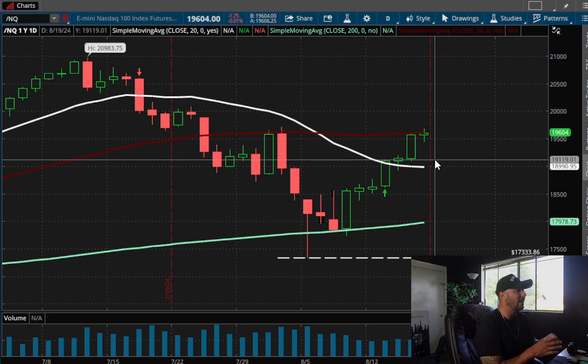Same thing, if the market gaps over the 50-day moving average, I would be more hesitant to go with those longs right out of the gate, because I don't want to get trapped. I'm going to look for the rejection on a 4-hour or 1-hour time frame, and then pick that spot to get the short back down into support.